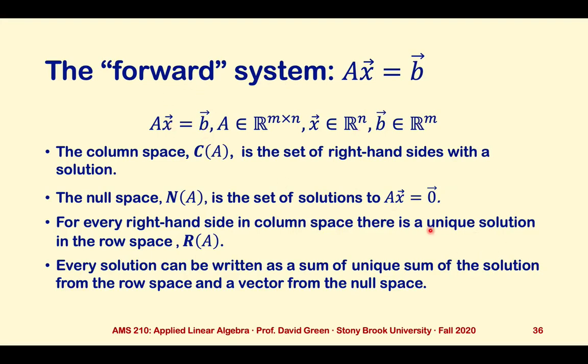And there must be a unique solution that is in the row space. And every solution can be written as a sum of that unique solution from the row space and some vector from the null space. So this helps put, just in the language of row space, null space, column space, and so on, the ideas that we have already seen to hold true.